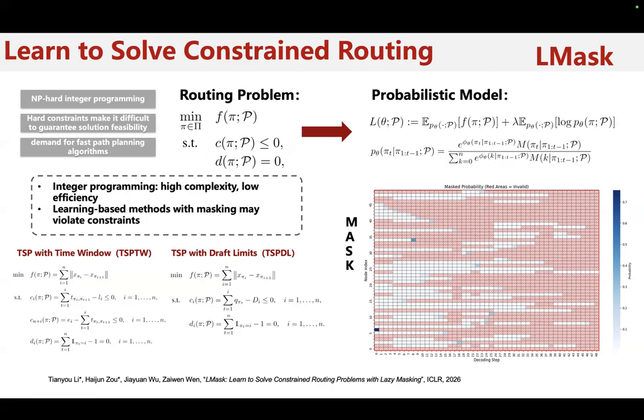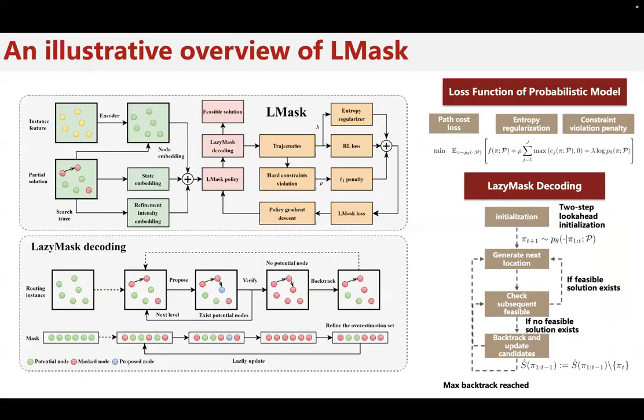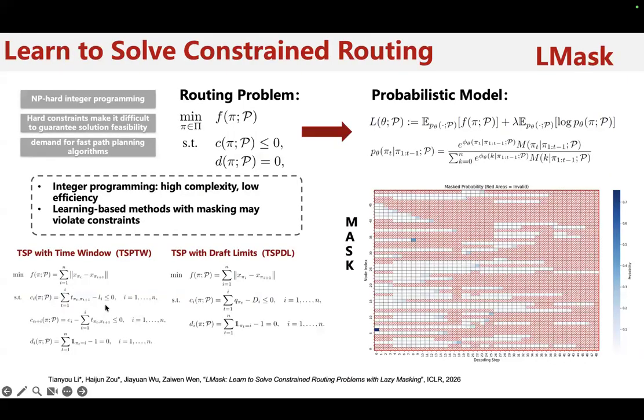But again, we can apply a similar idea to this problem. What we say is, we want to sample feasible solutions. But of course, for this problem, because the constraints are much more difficult, we split the constraints into two parts.